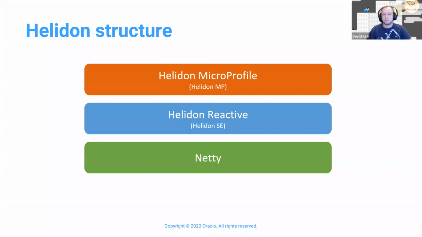Helidon itself consists of two main parts: Helidon Reactive and Helidon MicroProfile. I will start with Helidon Reactive. That's the smaller part, the part which is programmed in a reactive way.